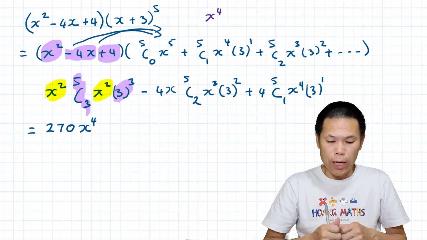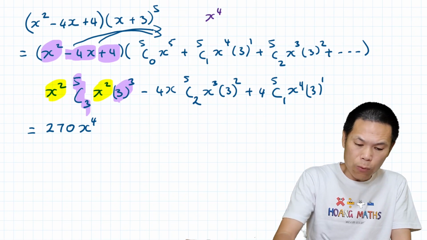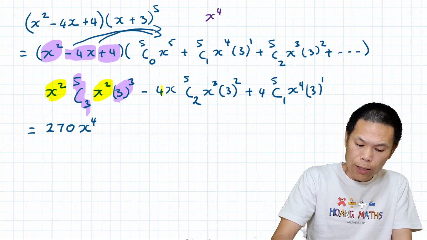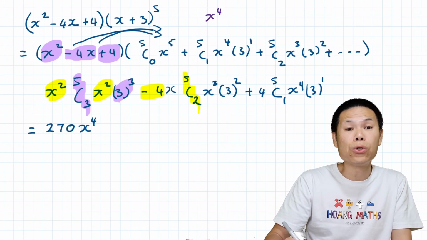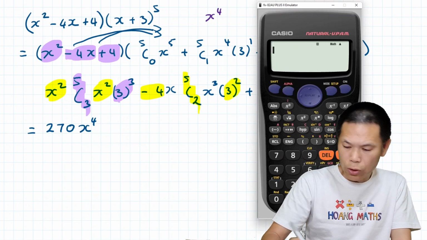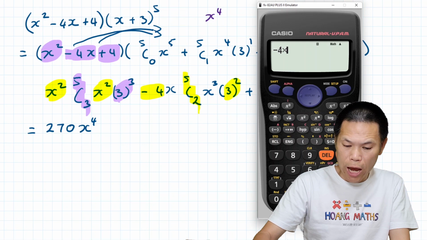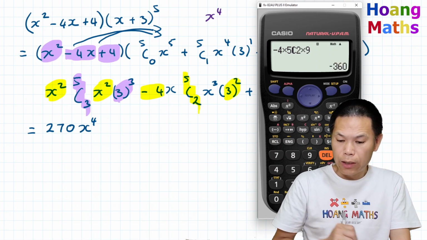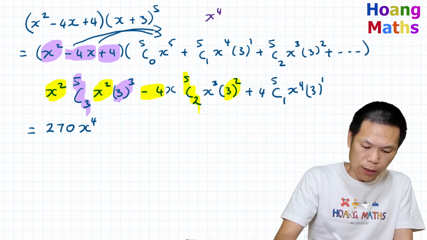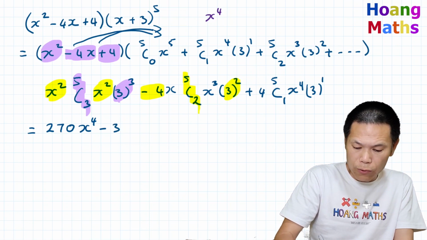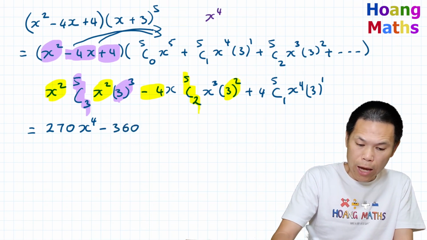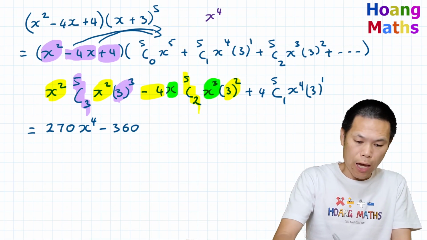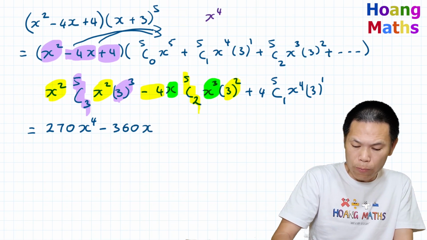Then the second one is negative 4 times 5C2 times 9, which gives negative 360, and we have x times x cubed, and the answer is x to the power 4.